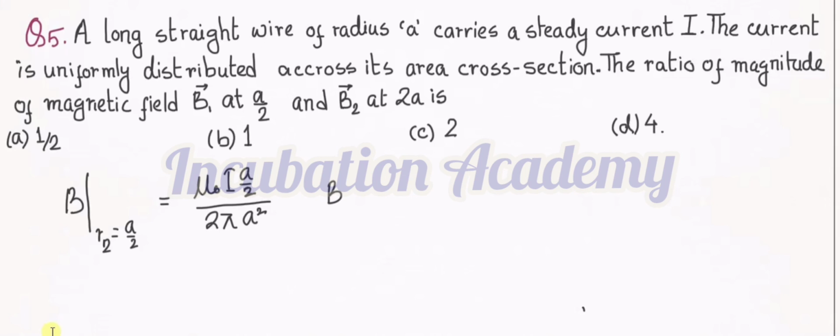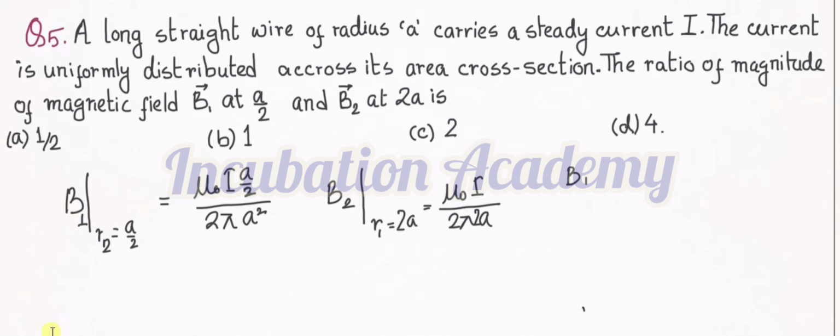And the magnetic field B2, this is B1, if I want to find B2, then we have to place in the expression for outside, where r1 is equal to 2A, and that is mu naught into I divided by 2 pi multiplied by 2a.